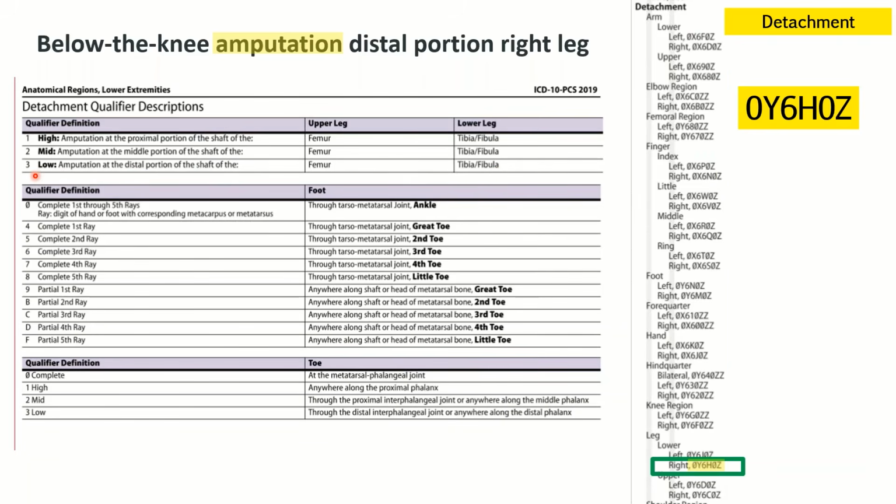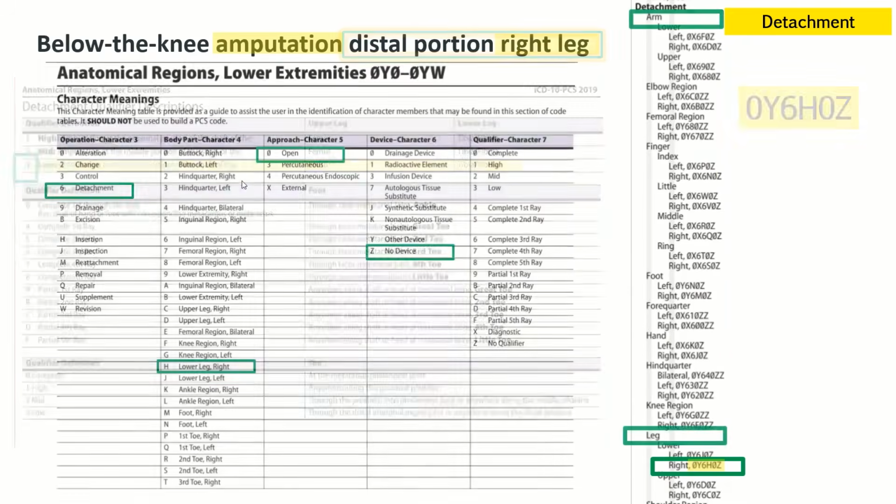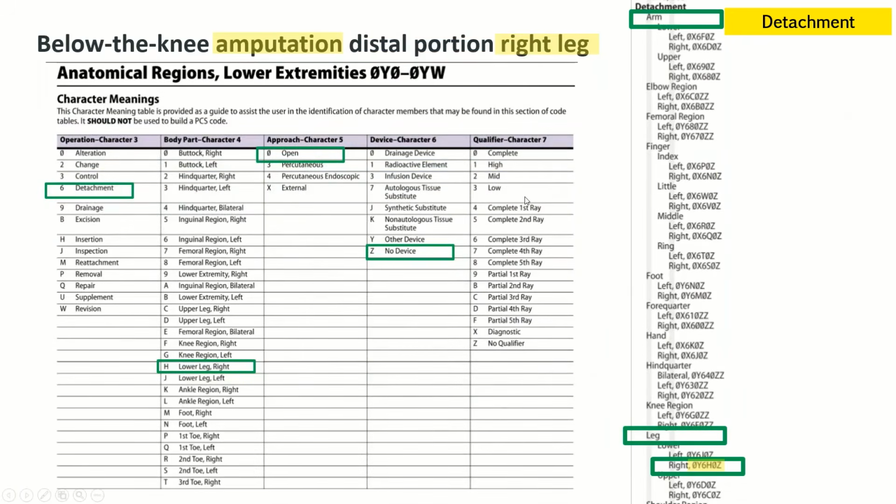And ours happens to be low because we had a below knee amputation at the distal portion of the right leg. Distal is our key word. So we use 7th character 3 if we're going to use this language in this definition. I would suggest that you go back to your character meanings pages and write down what they mean.